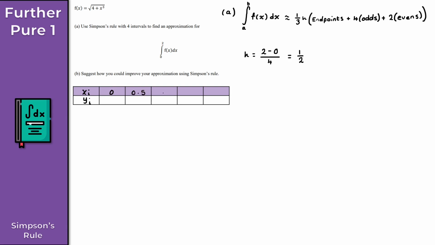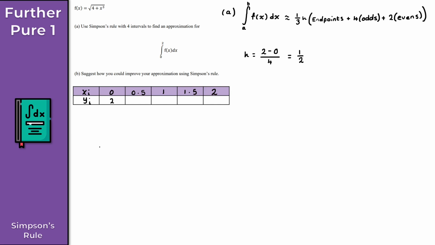You then get 1, 1.5, and then clearly 2. Now for the corresponding y values, we use this function and substitute the values of x in as we go. Clearly when x equals 0, we get the square root of 4 plus 0 cubed, which just gives us the square root of 4, which is 2.